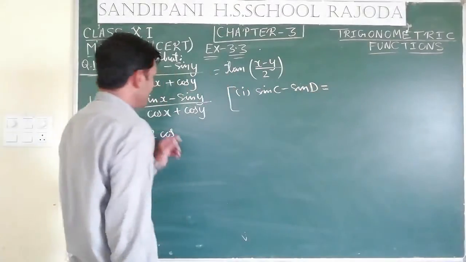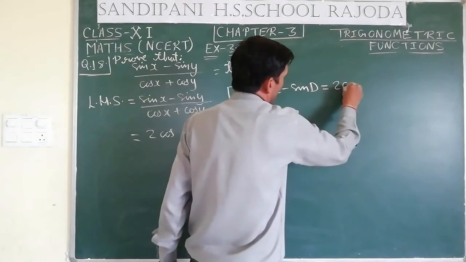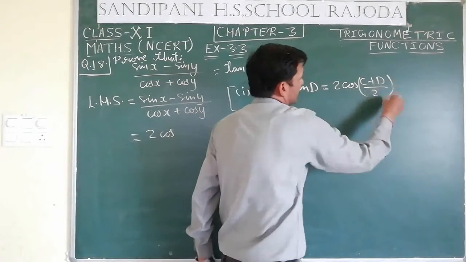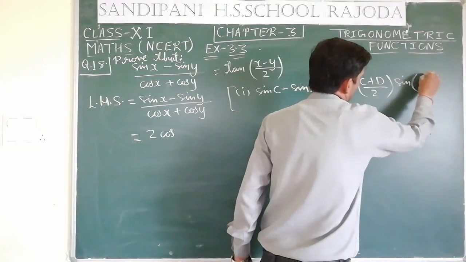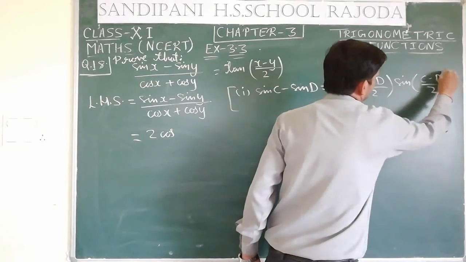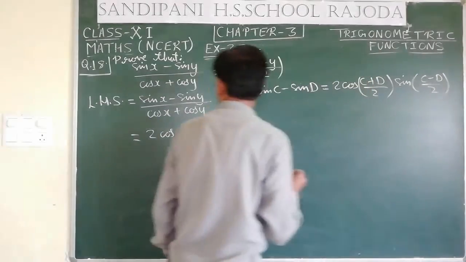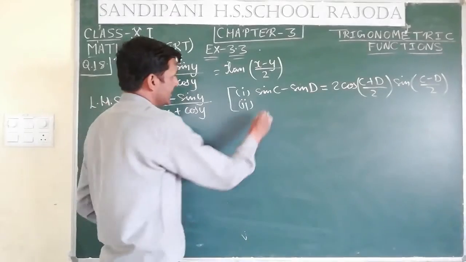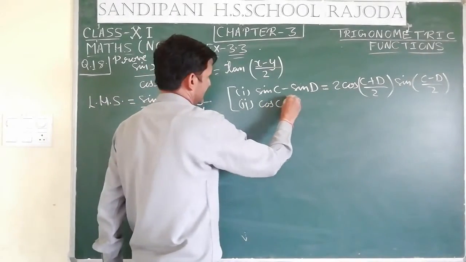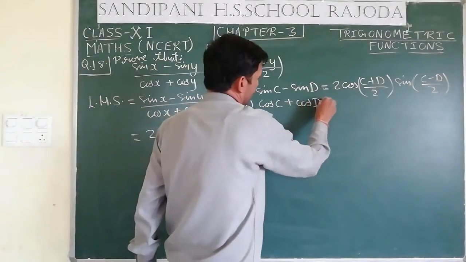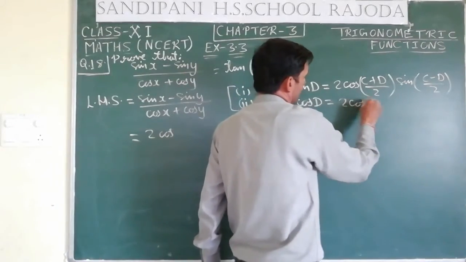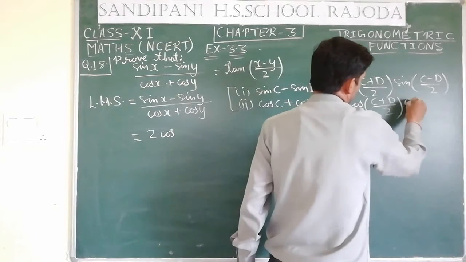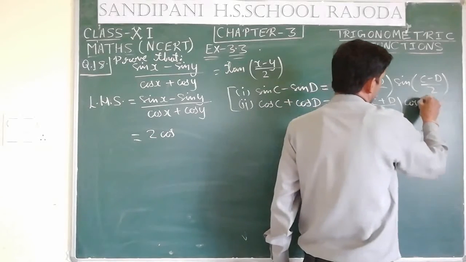Sin c minus sin d means 2 cos c plus d upon 2 sin c minus d upon 2, and in denominator, that is second formula, we are writing cos c plus cos d, that is equal to 2 cos c plus d upon 2 cos c minus d upon 2.